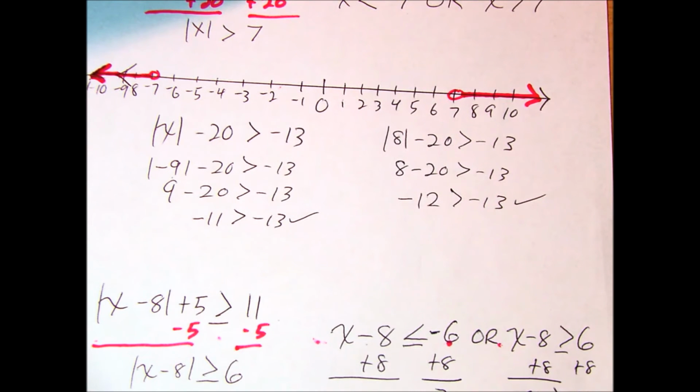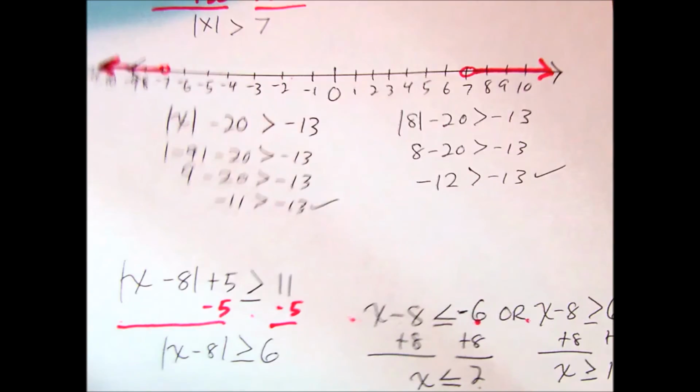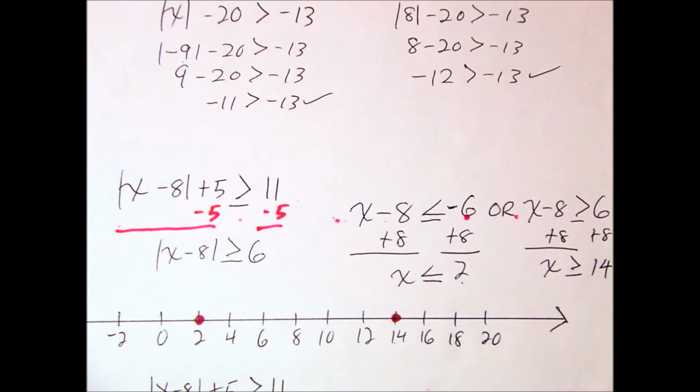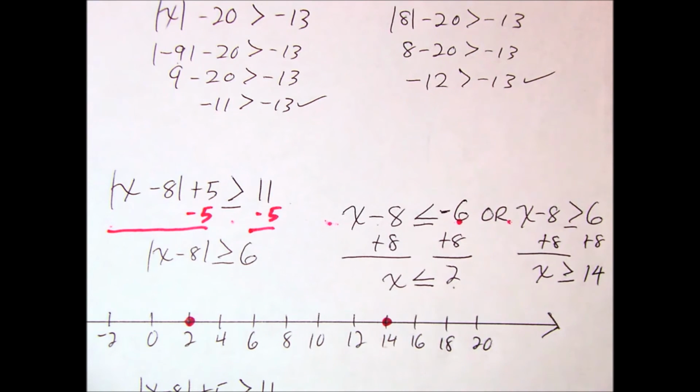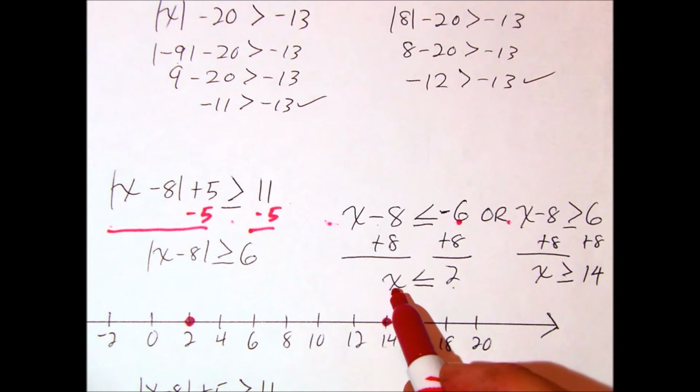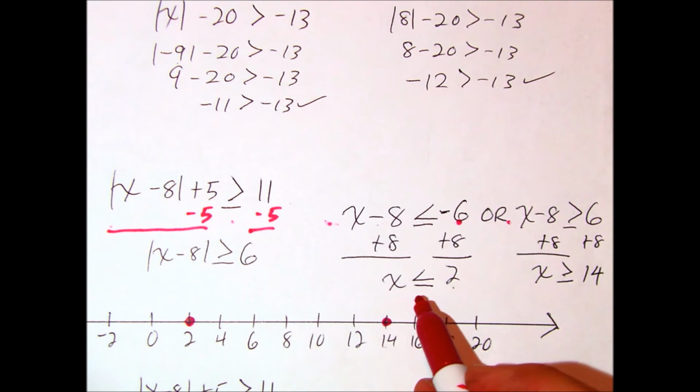So x is less than or equal to 2, so that's 2 is part of the solution. So we'll have a closed circle at 2. 14 is also part of the solution, so a closed circle at 14. So my arrow is telling me to graph to the left of 2.